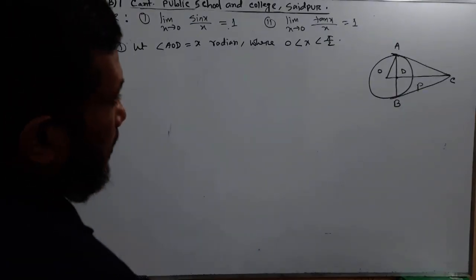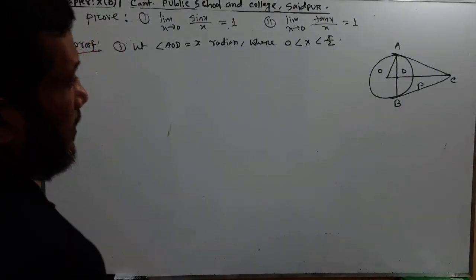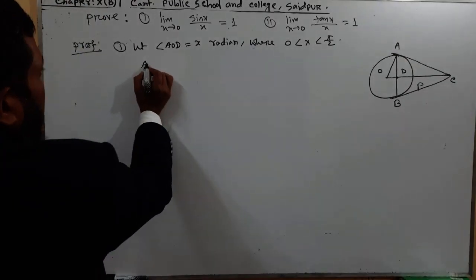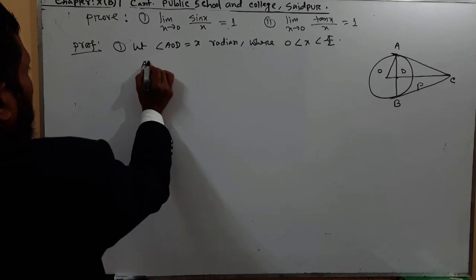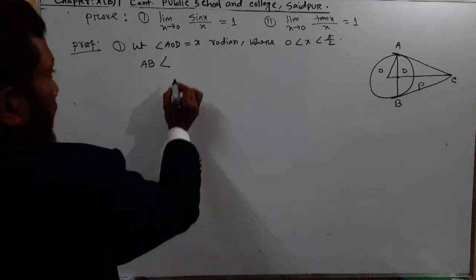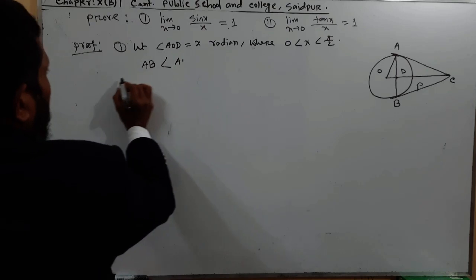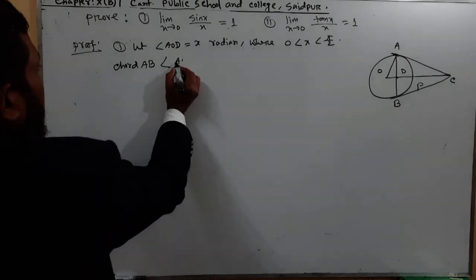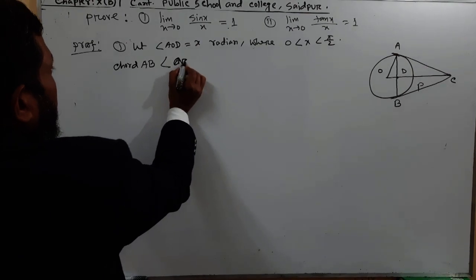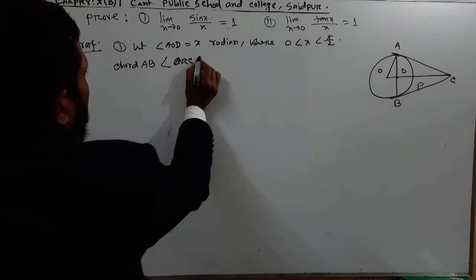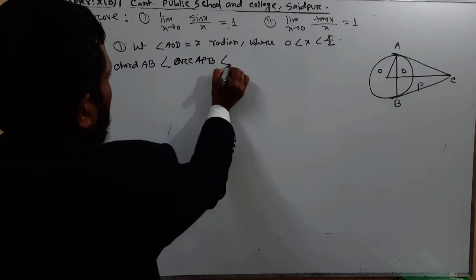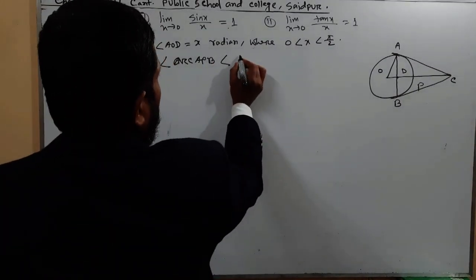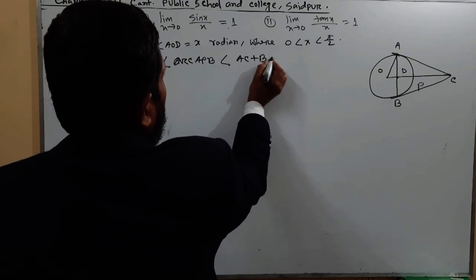According to this figure, we see that AD, that is half of chord AB, is less than arc AP, which is less than AC. This is chord AB, and arc APB is less than AC plus BC.